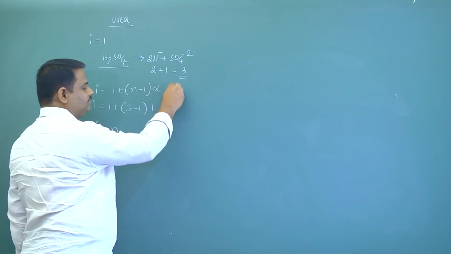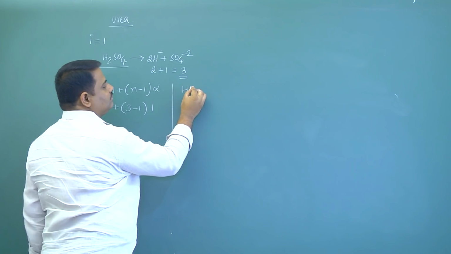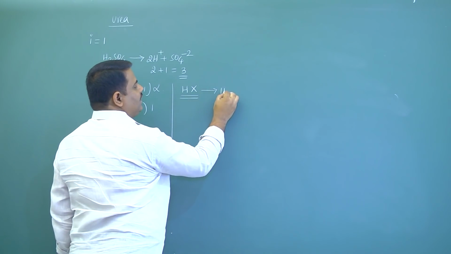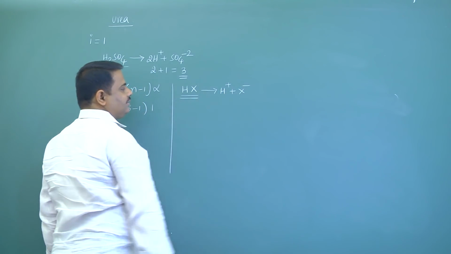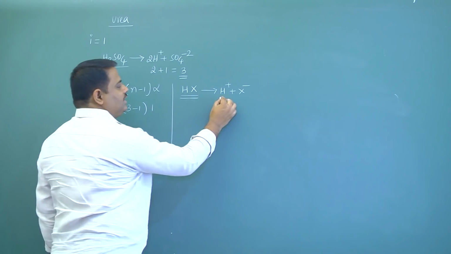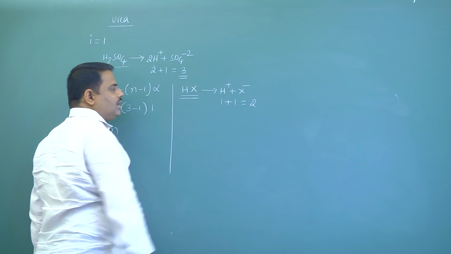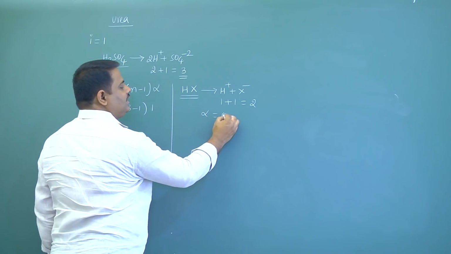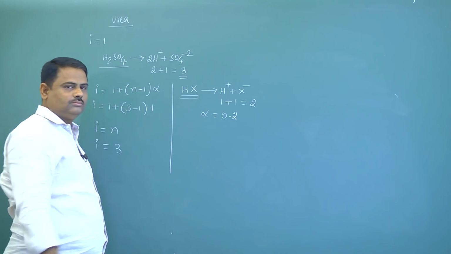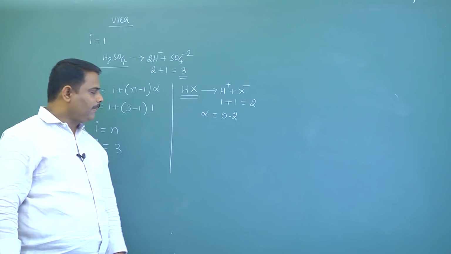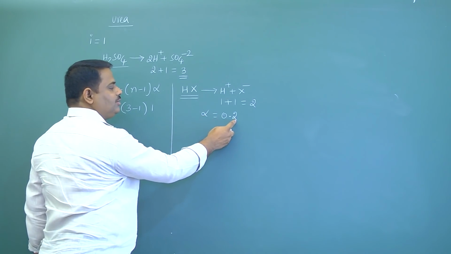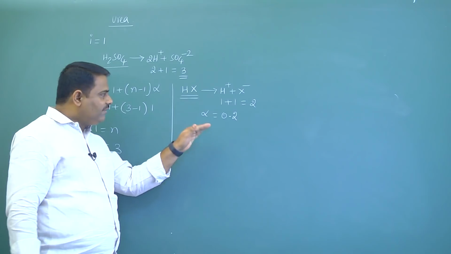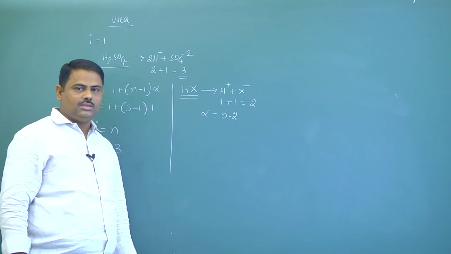Another example is, suppose HX is given. It dissociates to give H plus and X minus. After dissociation, we are getting 2 moles of particles. Here the degree of dissociation is 0.2, so this is the given problem. Since alpha is less than 1, definitely this is considered a weak electrolyte.